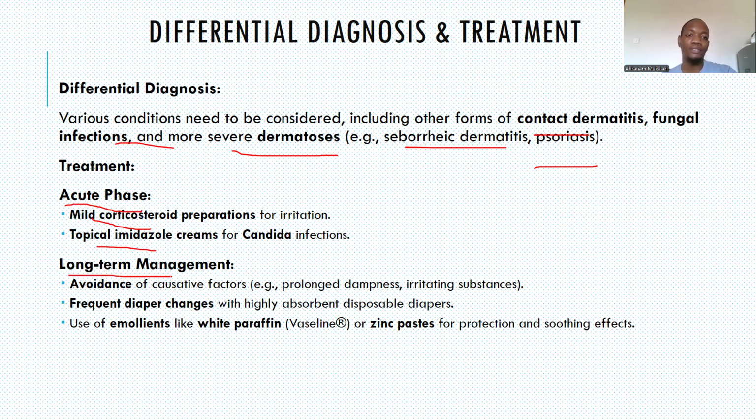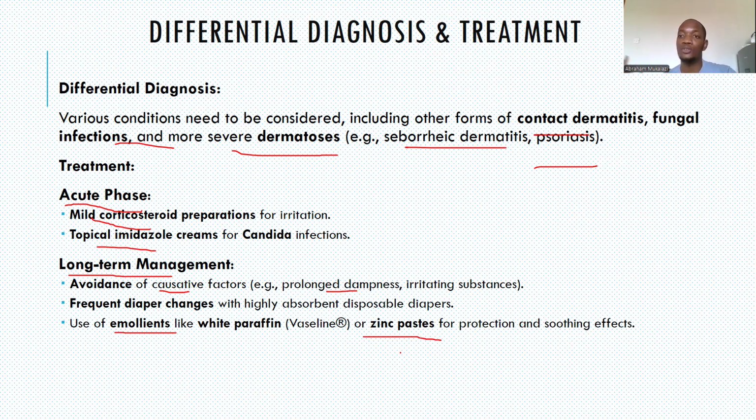Then in long-term management, you have to avoid the causative factors like prolonged diaper use. So the diaper should be changed more often. And then you also avoid the irritant substances which can be in skincare products or even in the clothing the child is wearing. Then we can also use emollients like paraffin or Vaseline moisturizer, or you can also use a zinc paste preparation.